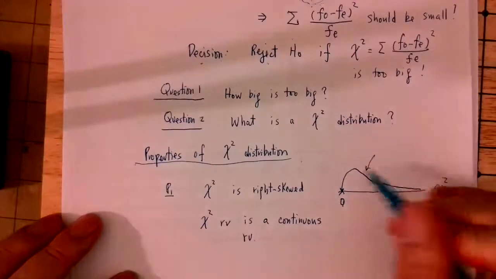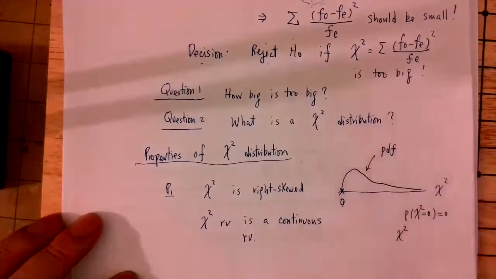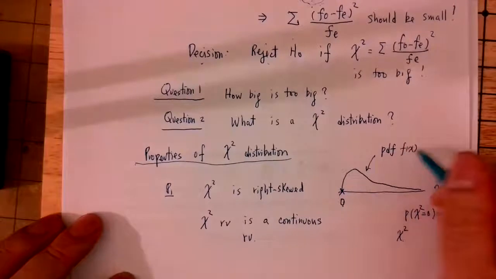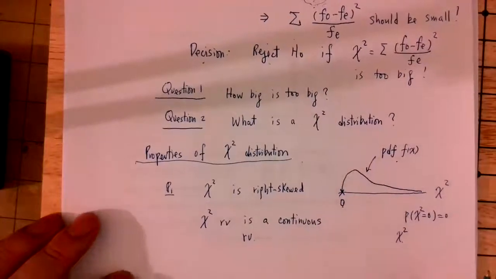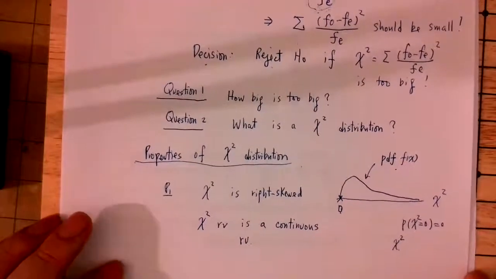And the function to describe the curve we call the PDF, f of x, just like a normal curve. The normal curve is also a continuous random variable. And the smallest possible value is 0. That's property one.